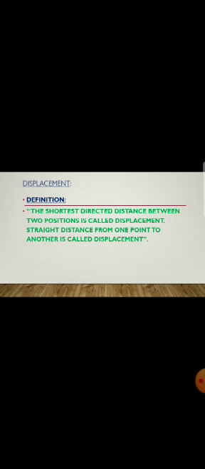The definition of displacement is: the shortest direct distance between the two positions is called displacement. The straight distance from one point to another is called displacement. And the explanation is displacement has direction and therefore it is a vector quantity.